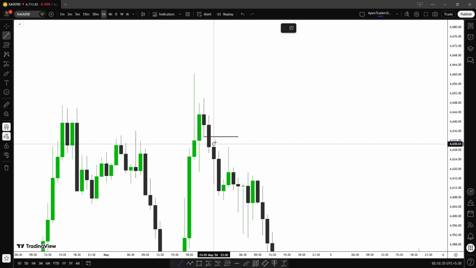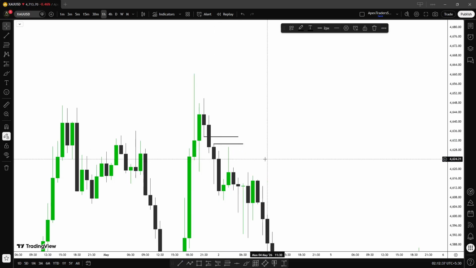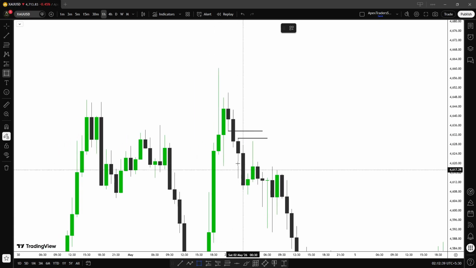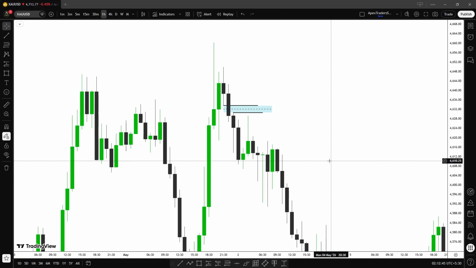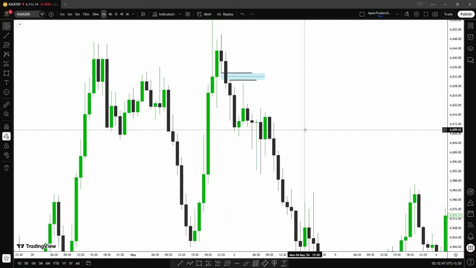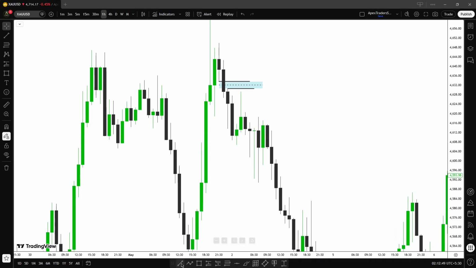The second candle made a body close. There is a gap between the second candle and the third candle. So we are going to mark this fair value gap and then continue to the next candle. So there is no fair value gap. So we are not going to mark that.